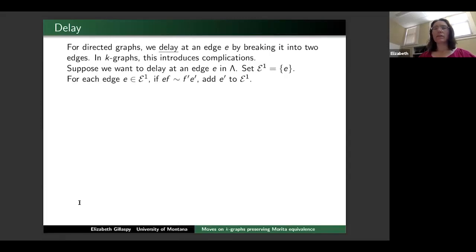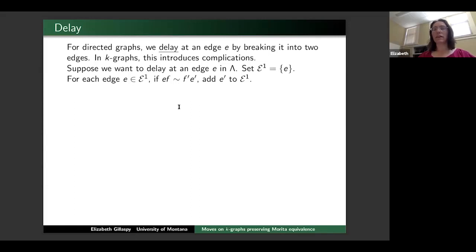If you've got another edge E prime that's the same color as E, and they're sort of parallel on a factorization square, if you were drawing this relation EF equivalent to F prime E prime as a square, you'd have E going down and F going over, and then at the top, E prime going over and F prime going down.